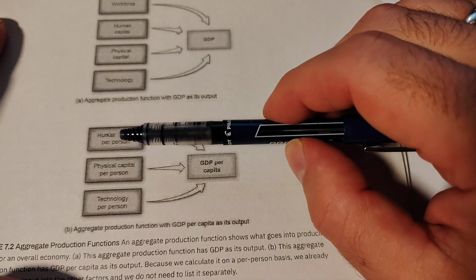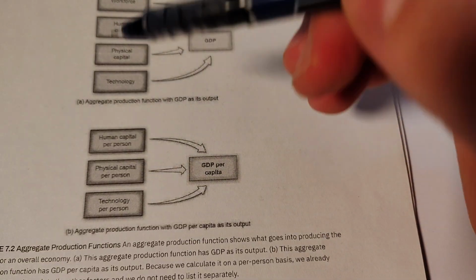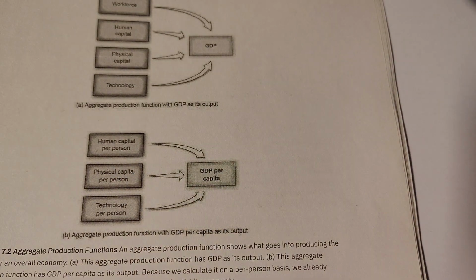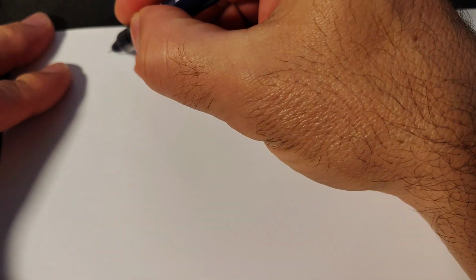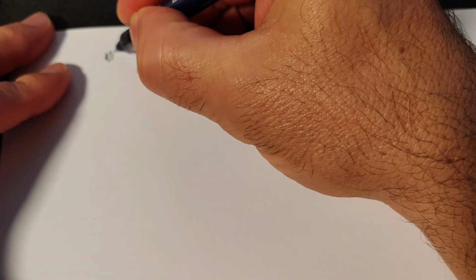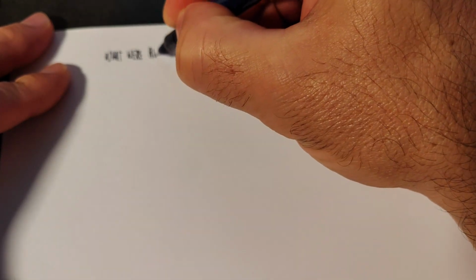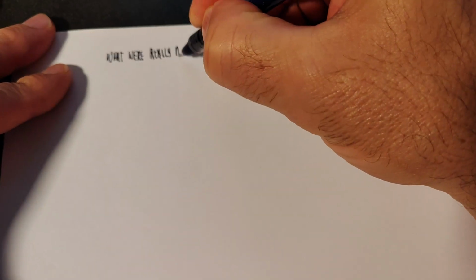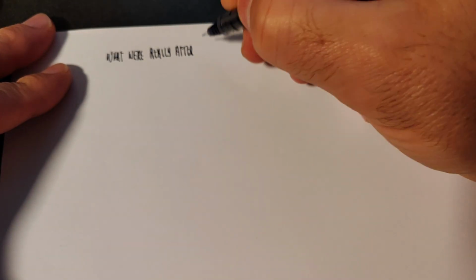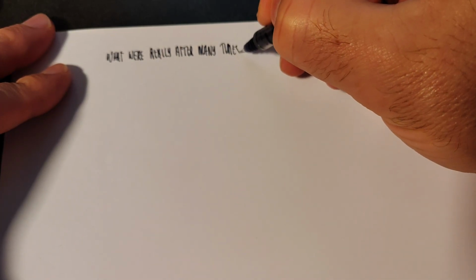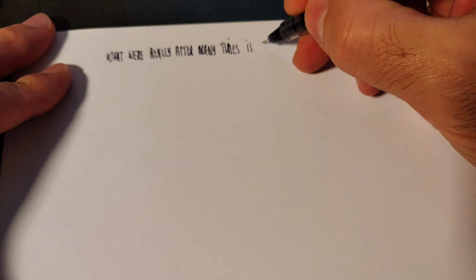You can see that these factors that go into the production function are also on a per person term there. Just remember that many times what we're really after is GDP per capita.